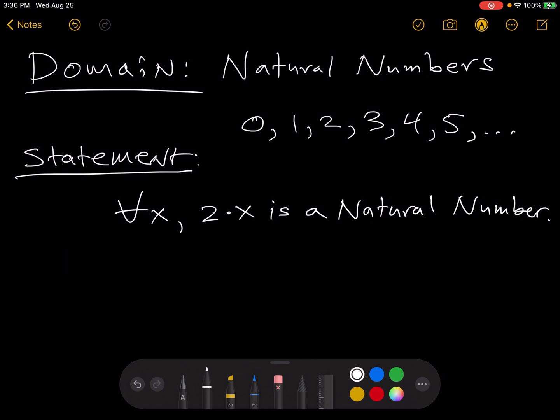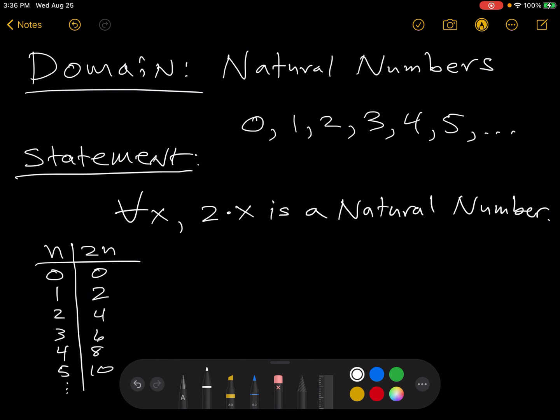Let's say n and 2n, something like so. 0, 1, 2, 3, 4, 5, and so on. 2 times 0, that's 0. 2 times 1 is 2, 4, 6, 8, 10. And you can see that you get the even natural numbers. It doesn't really matter that it's even, just that you get a natural number or not. And so in fact, in this case, we would enter true.